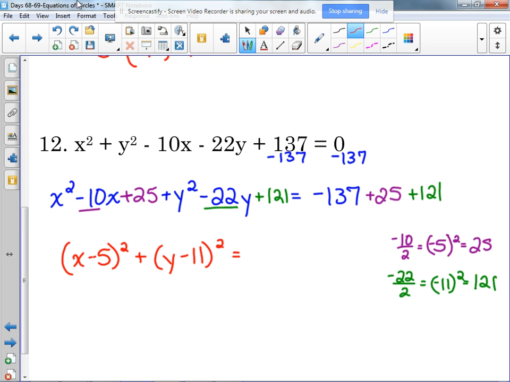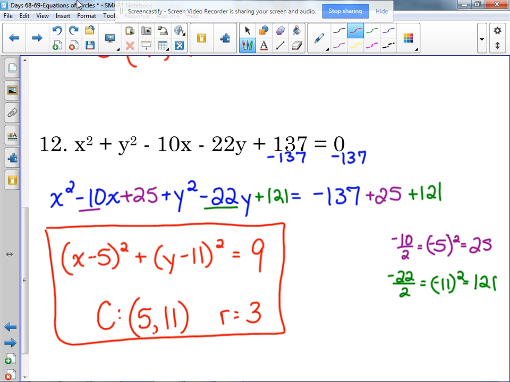We get 9. So the center of this circle, positive 5, positive 11, radius is again 3. So we've got the standard form, so we can identify those things, so then we can graph it.